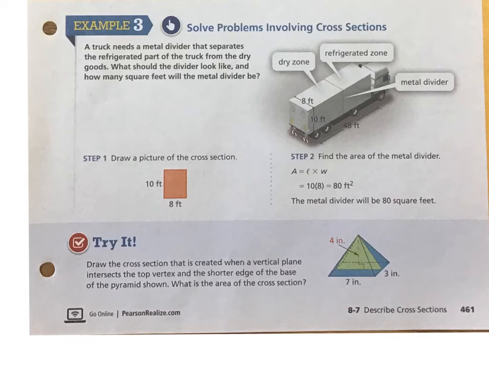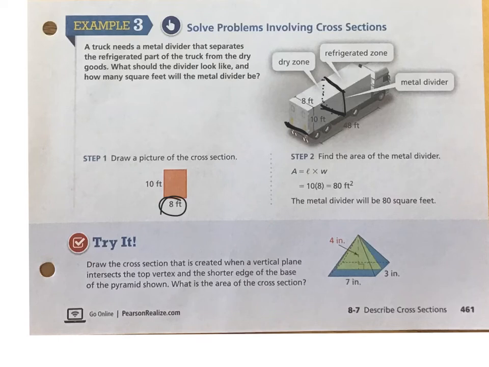So the metal divider, again, is this piece right here. Okay, and inside the truck, we have that metal divider splitting that truck into 2 parts. The distance across the bottom of that metal divider will be the same as the distance across the bottom of the truck, which is 8 feet.